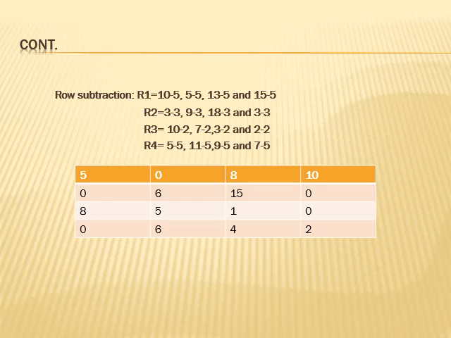We are going to jump to implement the second operation, which is known as column subtraction, using this matrix. We will apply the column subtraction using the matrix after the row subtraction, not referring to the original problem.